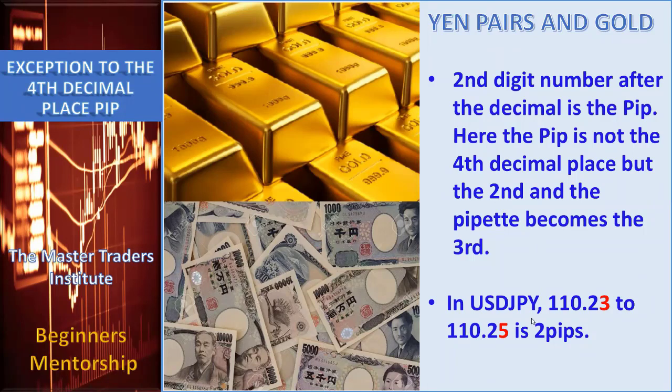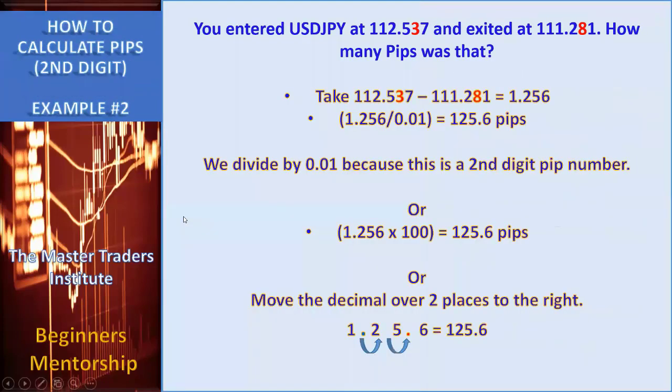So had it moved from 110.23 to 110.33, that's a 10 pip movement for the Japanese yen. So that's the exception to the rule. In the case of Japanese yen, after calculating and you get your figure, you move your decimal place 2 places to the right.